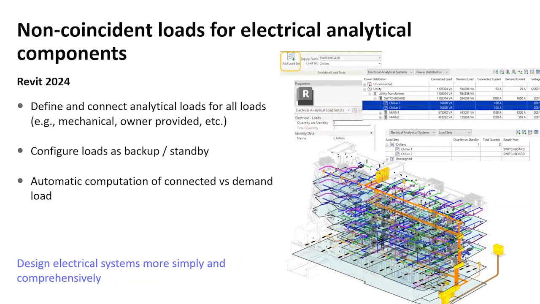Engineers can now manage load sets for non-coincident backup equipment loads. Now, I don't even know anything about electrical loads and how to deal with that equipment, but this basically gives us new capabilities for analysis, supporting engineers looking to reduce overall design time, right?